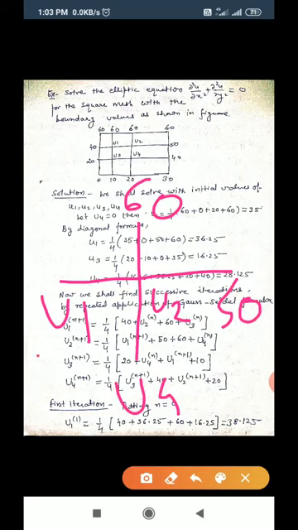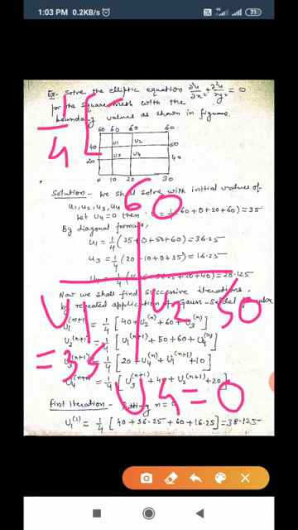We already calculated u1 equal to 35, and we already assumed u4 equal to 0. So by the standard formula, u2 is equal to 1/4 (60 + 35 + 50 + 0).